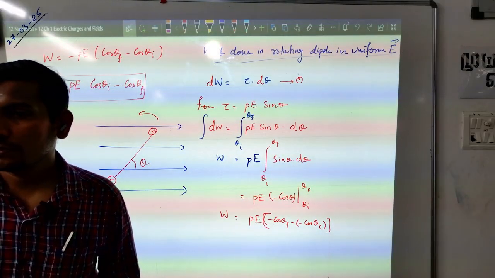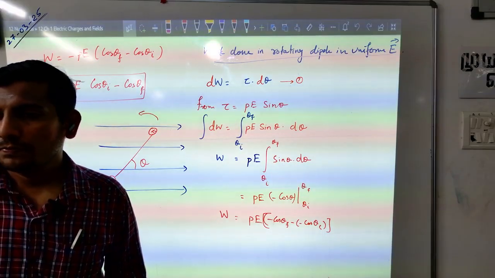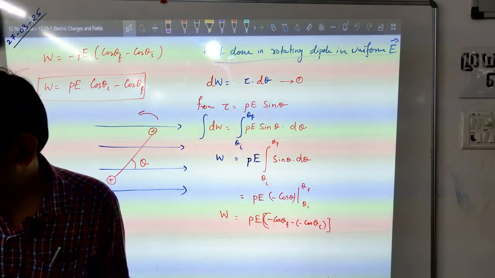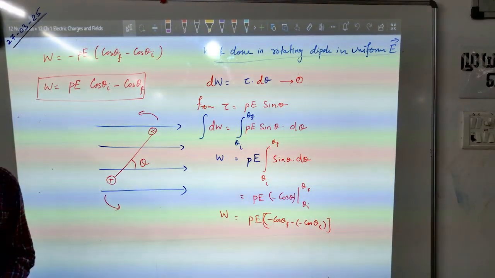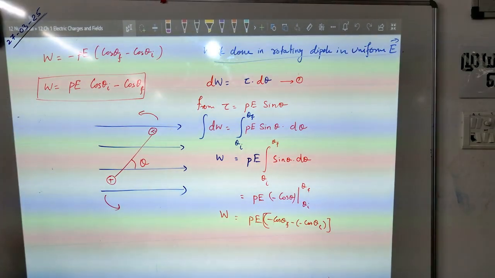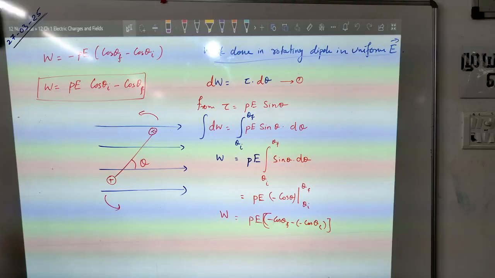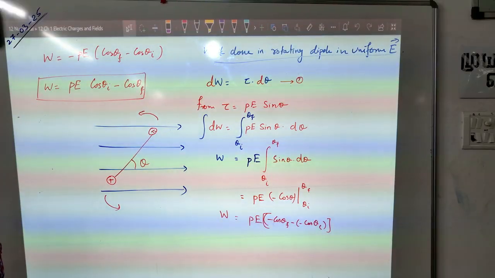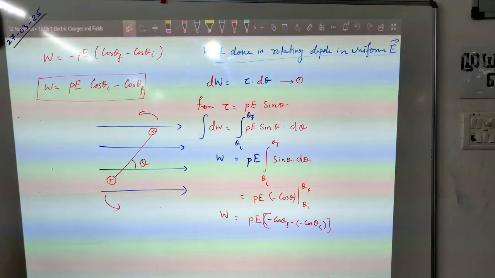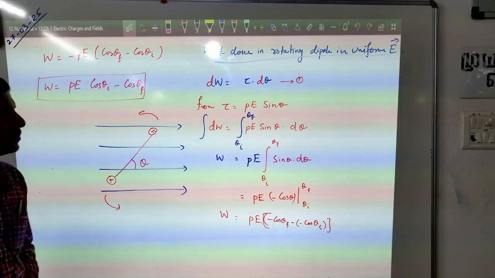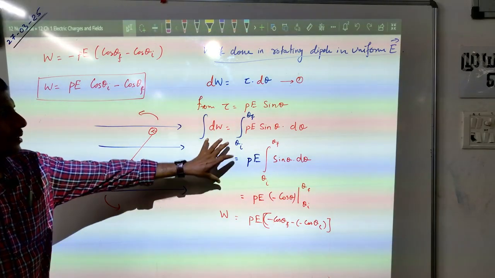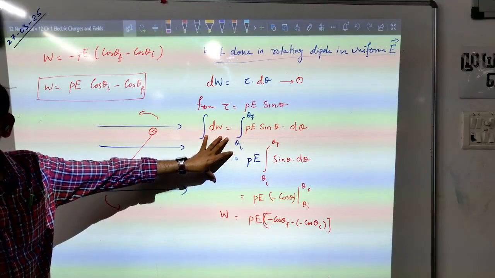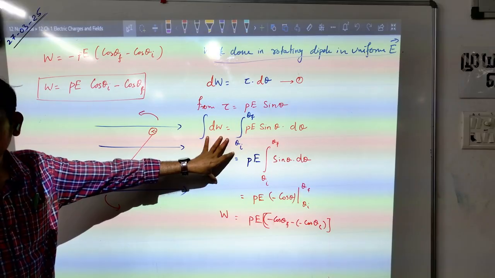Write the question and work it out. This work done on a dipole gets stored in the form of what? Potential energy.